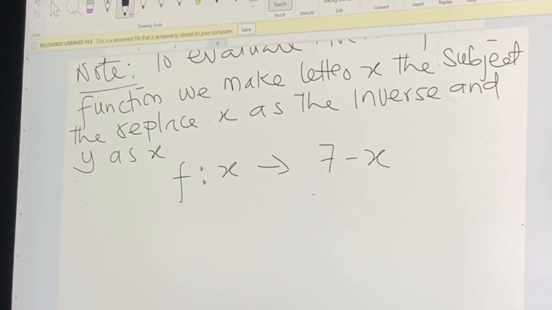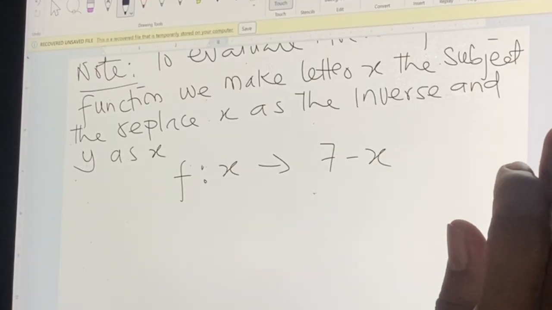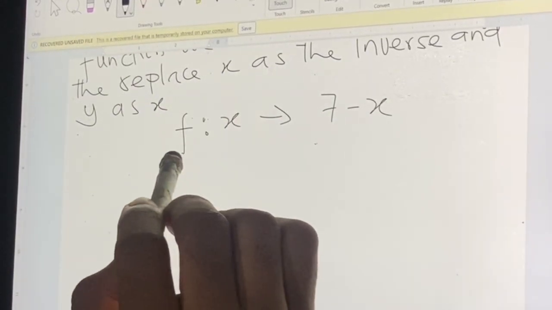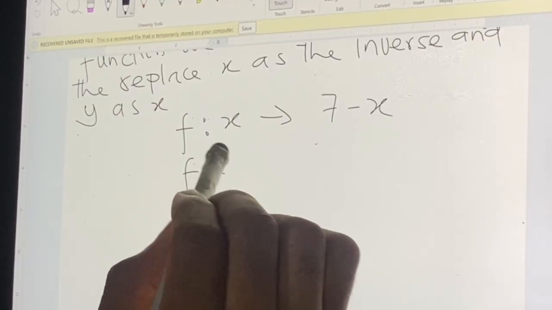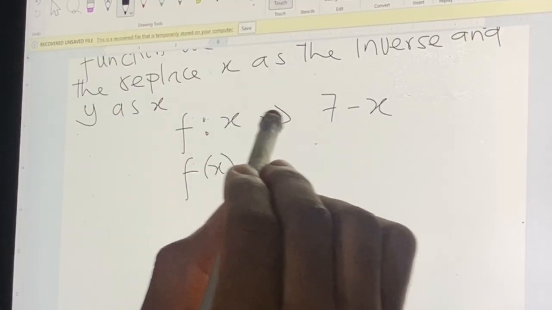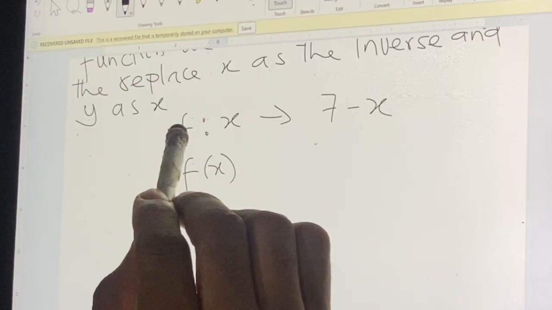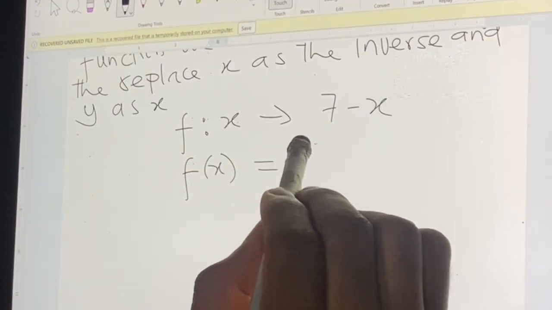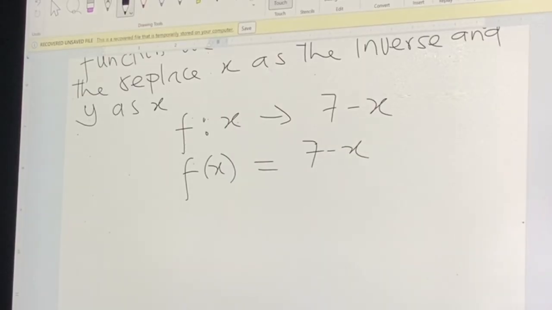This question is the inverse of a function, so let's represent this in a way we can understand. This f such that s tends to this is the same as f of s. Tends means it's equal to 7 minus s.